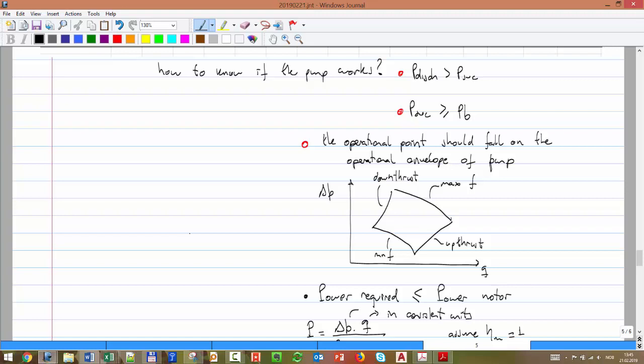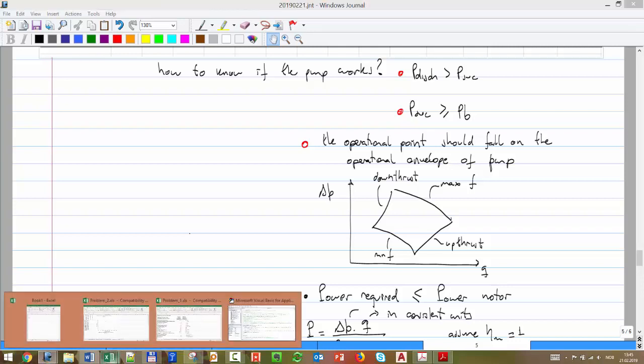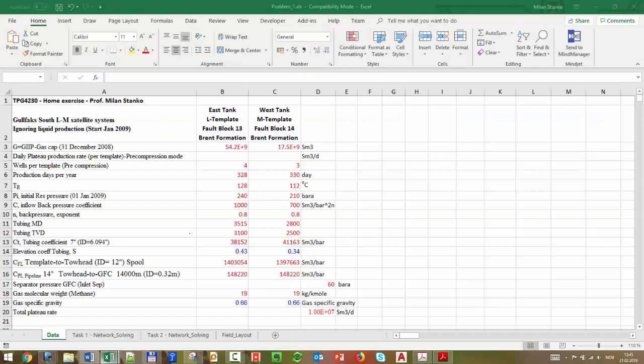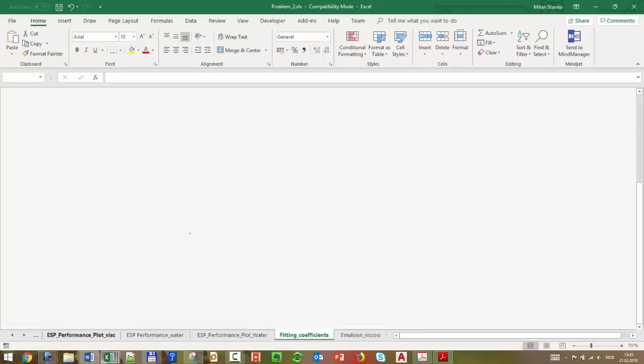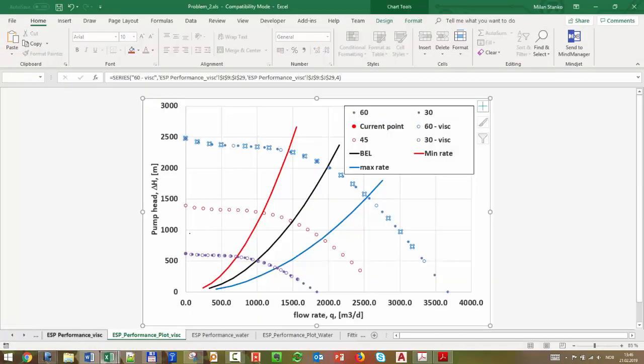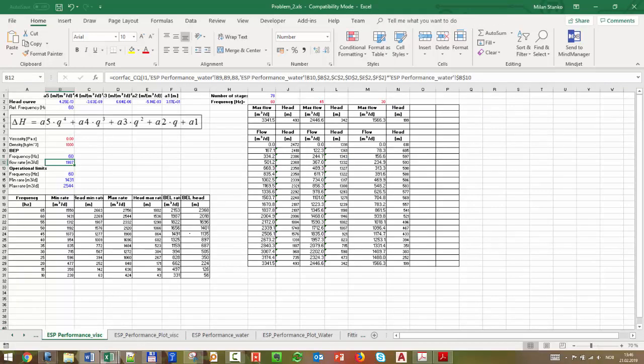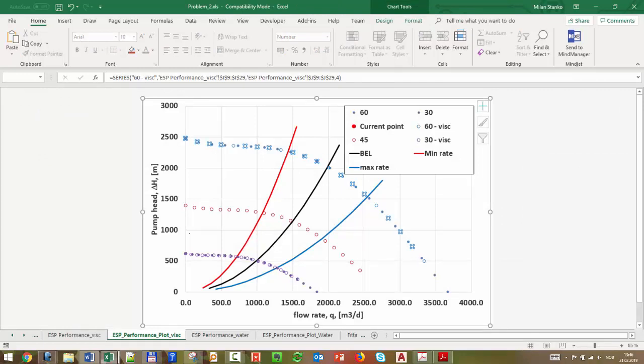The suction pressure should be greater than the bubble point pressure. The point should fall inside the map. And you don't have to see how I made the correction. Simply you have to use that plot and then change the input. The only inputs you have to change are these two, viscosity and density, to get the new map.